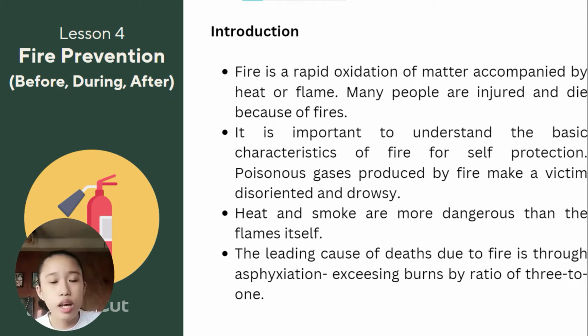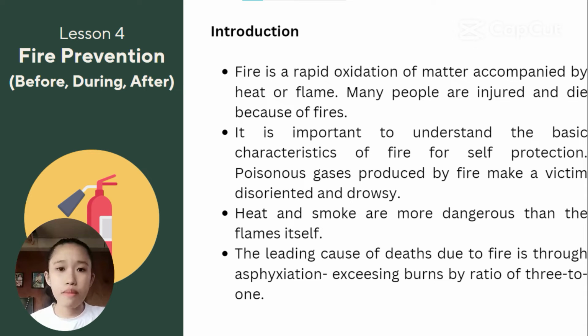So as I add something, fire is one of the examples of man-made hazards. It is dangerous and very deadly. There are people who died and got injured because of fire. As mentioned in the slide, heat and smoke are more dangerous than the flames itself, and it is true because the smoke that the fire releases is poisonous and toxic gas.